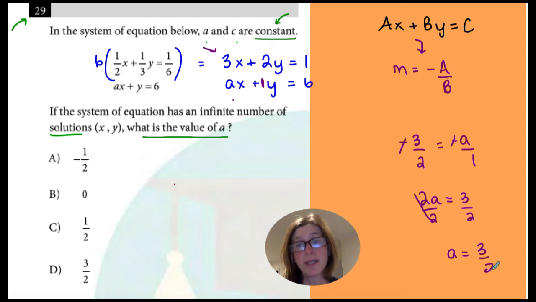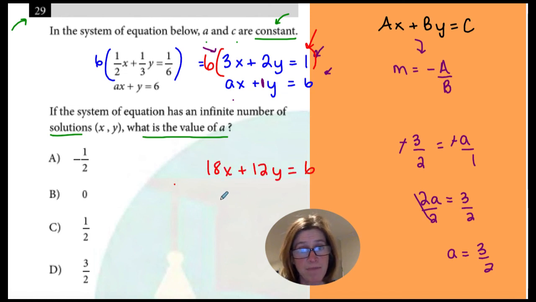All right. Now, you might be saying, but how do you know they're infinite? Because they're not yet, because this one has a 1 and this one has a 6. So if you are uncomfortable with that, you could multiply this top equation by 6 to make this one a 6. That would give you 18x plus 12y equals 6, and ax plus y equals 6.